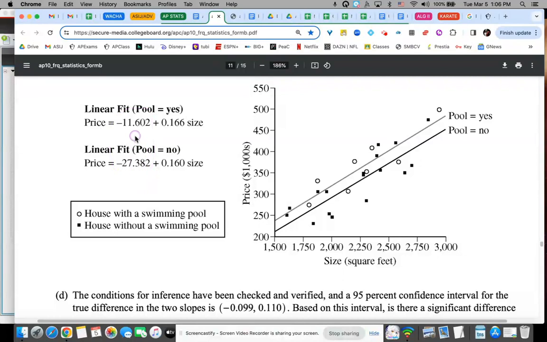That looks like a difference of about 16, right? Approximately $16,000. But another way to do it would be to just pick a value like 2,000 or 2,500 for the square feet, put it into the size in the equation, and then calculate a price for both and look at the difference there.